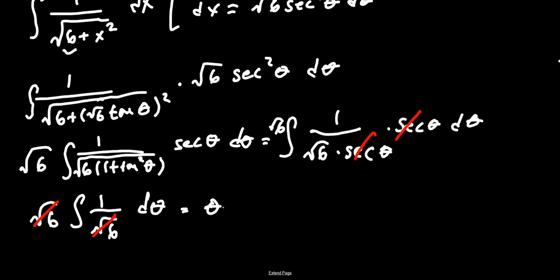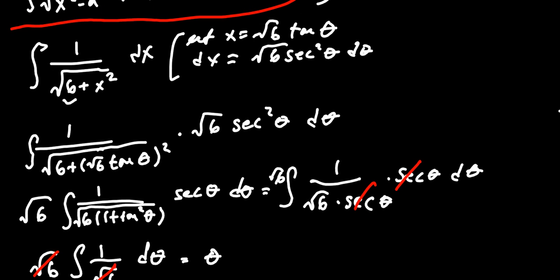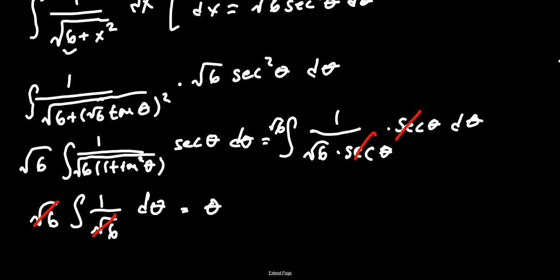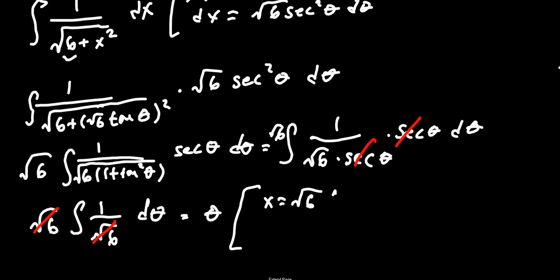Now, from our substitution earlier, if you remember, we said x was equal to root 6 tan theta. So all we have to do is divide by root 6 and then take arctangent, and then we get our theta.